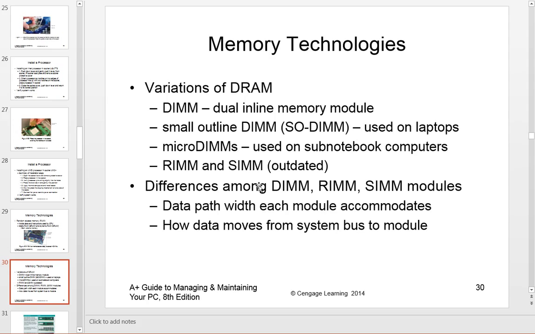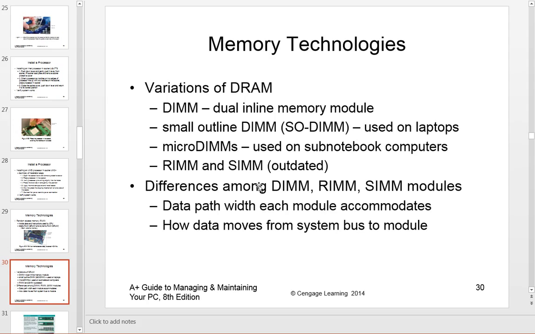That's the one we're going to deal with. Static RAM is not used as much. You have DIMM. You can see what that does. SODIMM, microDIMM. You can see where they're used, and you also have RIMM and SIMM, which are outdated, but we still mention those because we can see where we came from if we look at some of the older models.